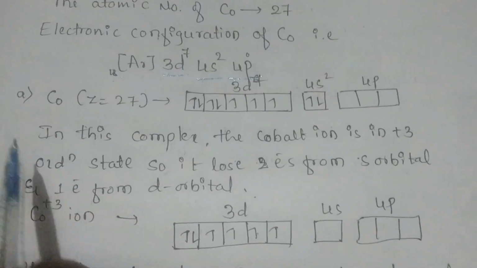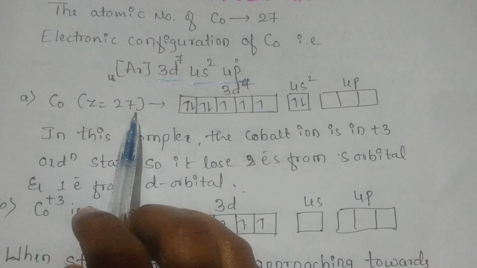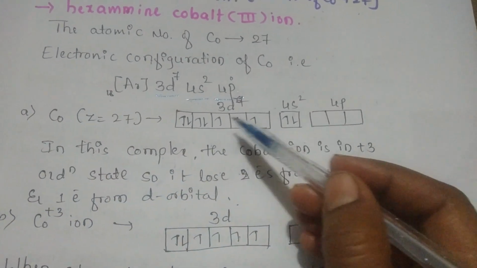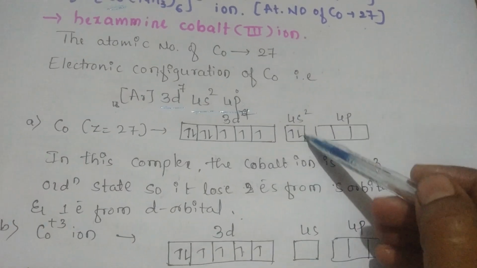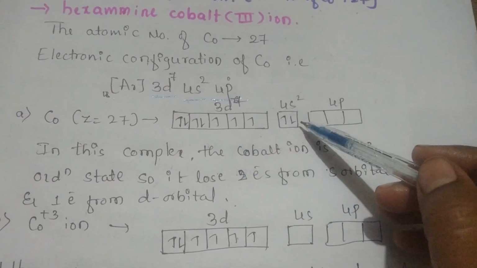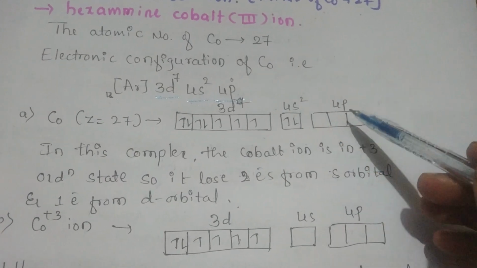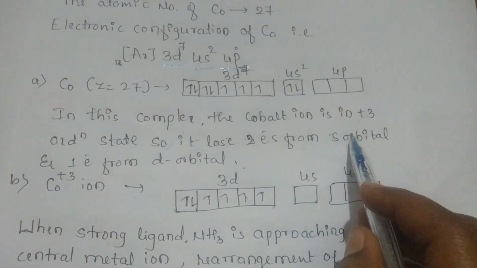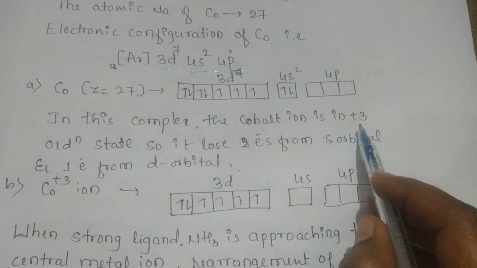First, for a cobalt atom, that is 27, we already know the configuration: 3d7 4s2. In the d orbital there are 7 electrons and in the s orbital there are 2 electrons, and the 4p is empty. In this complex the cobalt ion is in the +3 oxidation state.